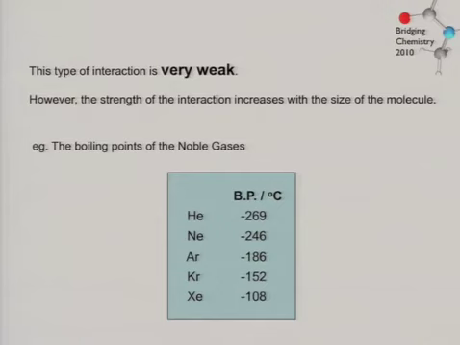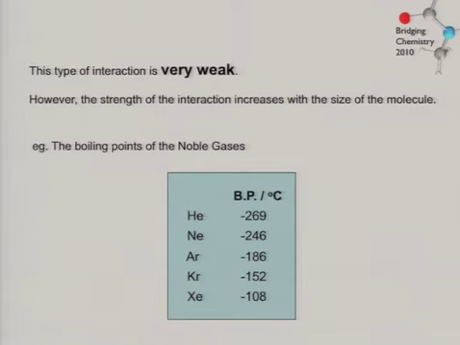And so, for example, we can look at the boiling points of the noble gases. The noble gases are everything that's in group 18 on the periodic table, helium right through to xenon. And what you notice is that as you go down that group, the boiling points of these gases get bigger.